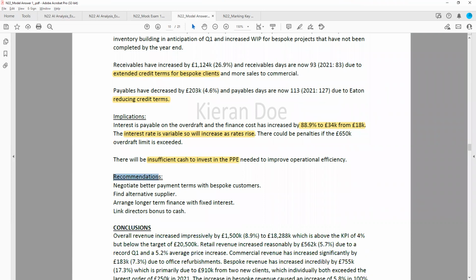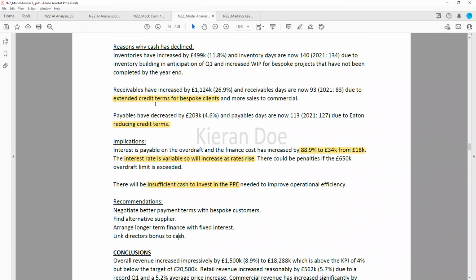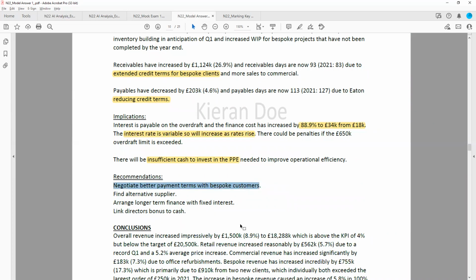And then some sensible recommendations, but quite obvious ones. If suppliers are reducing payment terms, find alternative suppliers. If you happen to give customers extended credit terms and that's draining cash, negotiate better payment terms. You could say factor receivables as well would be another one. Arrange longer term finance rather than relying on this overdraft, because that would have lower interest.